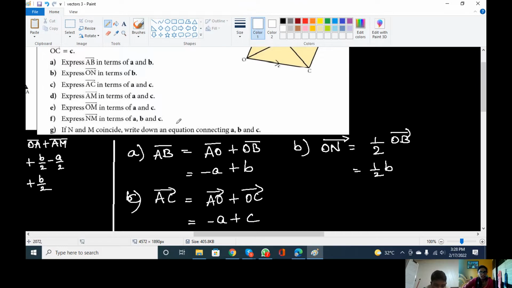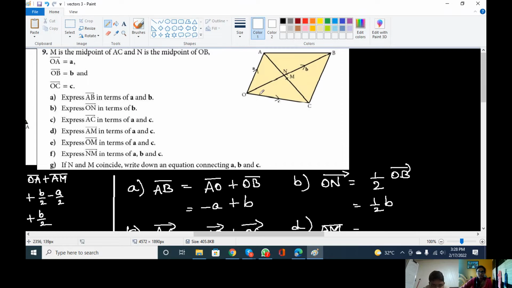Next, D bit. Yes, Somu, you can say D bit. Vector AM. Just try vector AM. A to the M. Do we know AC? Did we find AC from this?